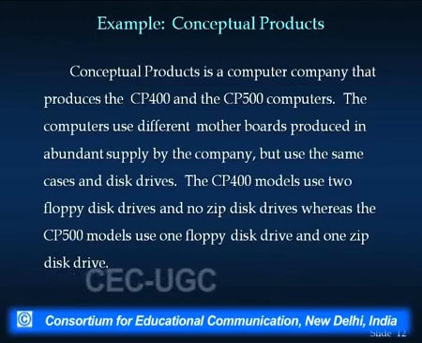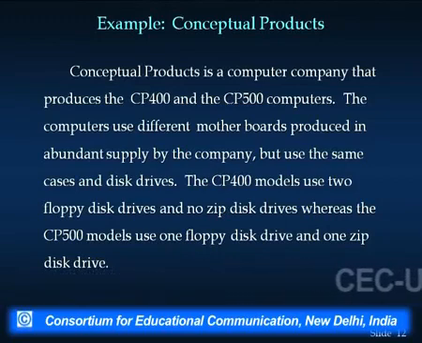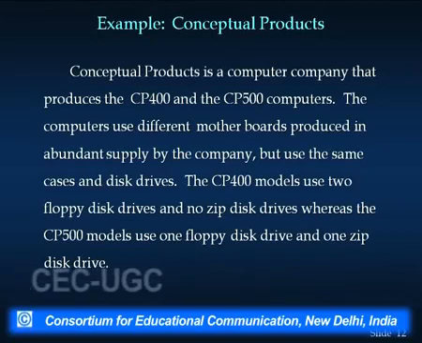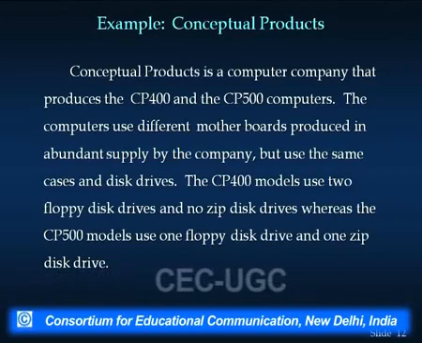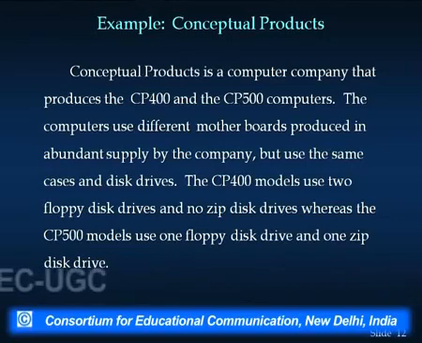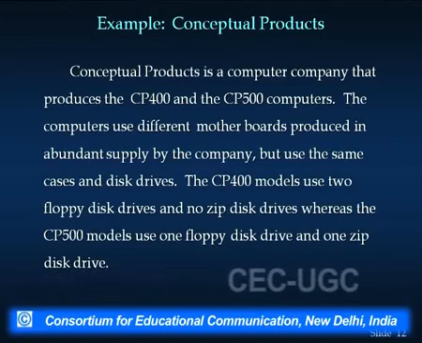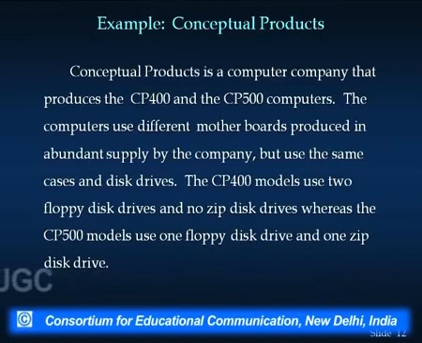Next, the company is manufacturing 2 types of computers, namely CP400 and CP500. And both the computers use motherboards which are available in abundant supply because these are produced by the company itself. And then floppy disk drives and zip disk drives are to be used in these computers.